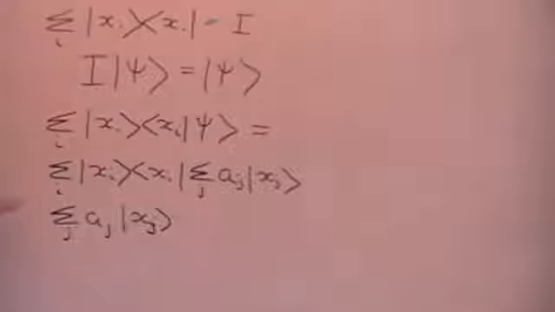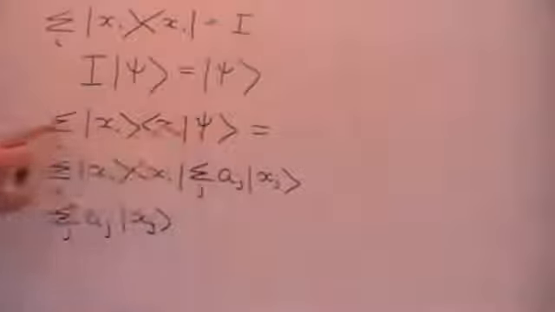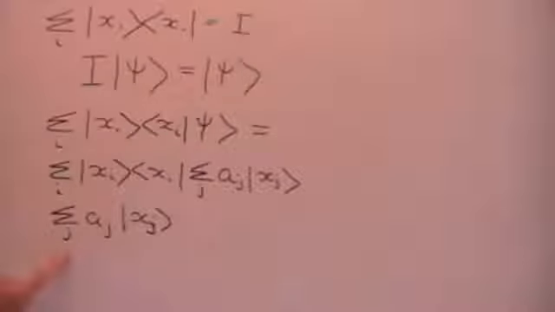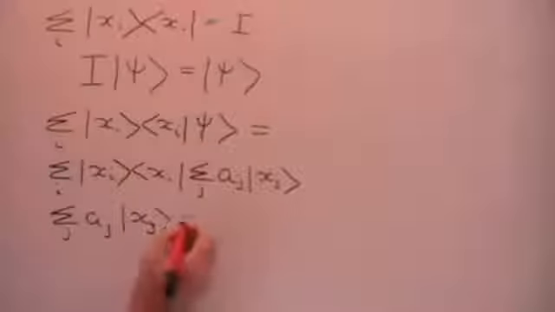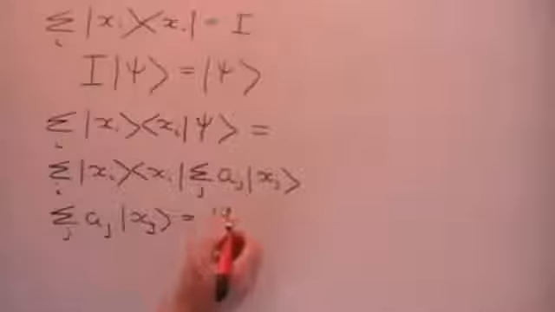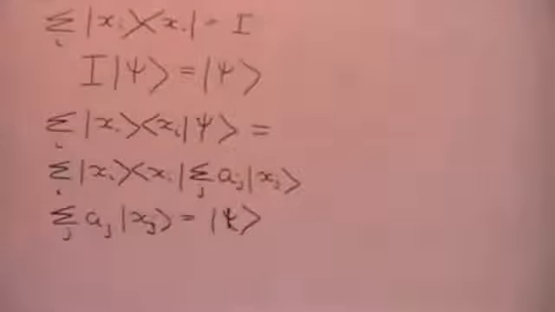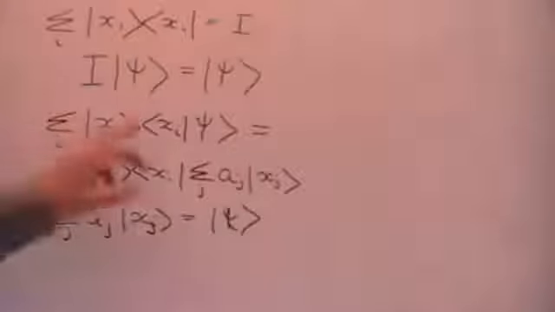And now we've shown that this term here is equal to the sum over j of aj |xj>. But that's psi. That's this, which is this.